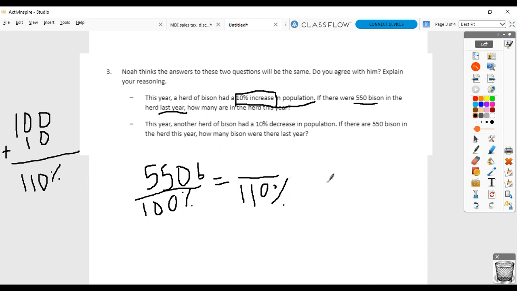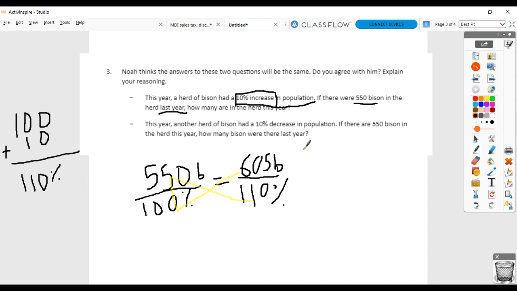So go ahead, solve this proportion. So I multiply first, then I divide, and I get 605 bison. And that's a 10% increase, so it does make sense that my number is getting bigger.